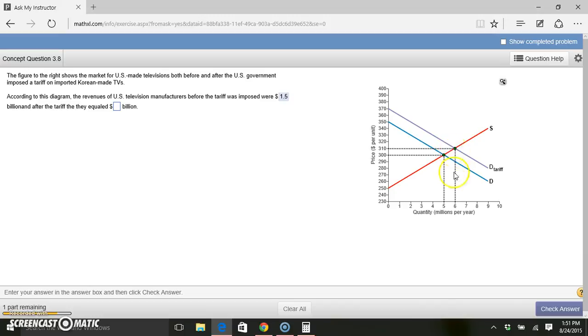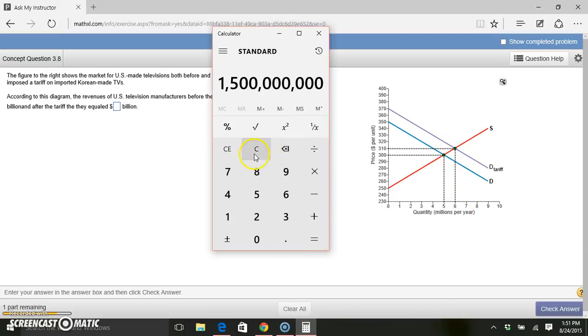So the price goes up, and so does the number that they sell. So I'm going to pull up my calculator again, clear that out, and say, all right, if I sell 6 million, all the zeros, and I sell each one for $310, how many dollars am I going to make? And now it tells us that answer is 1.86 billion.